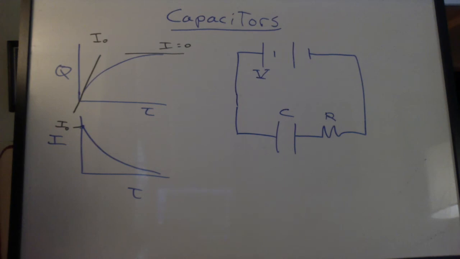Now, in theory, it's going to take an infinite amount of time for this current to come to a stop. As the voltage builds up on the capacitor, it takes a longer and longer amount of time to get another increment of charge on that capacitor. So this is really an exponential decay graph.